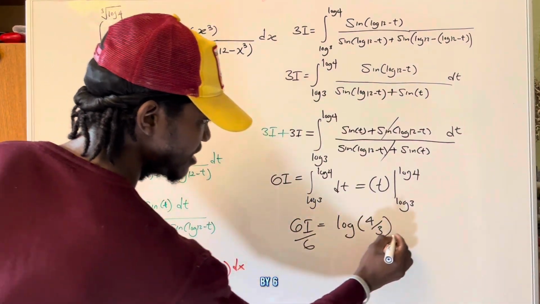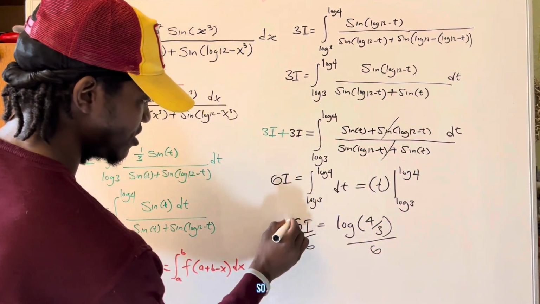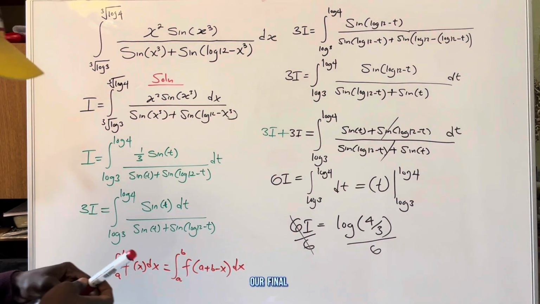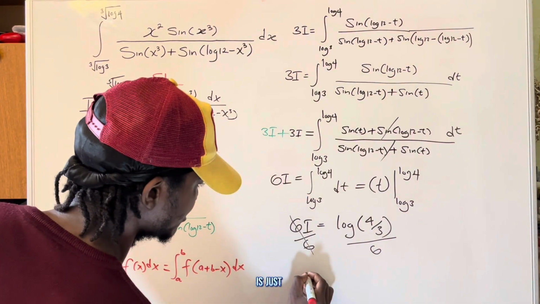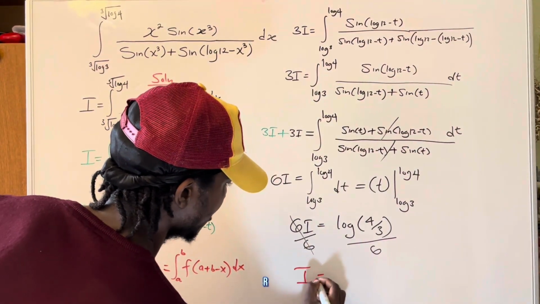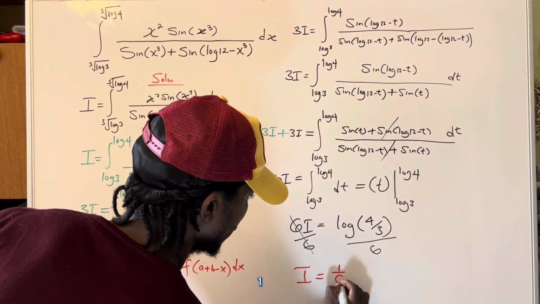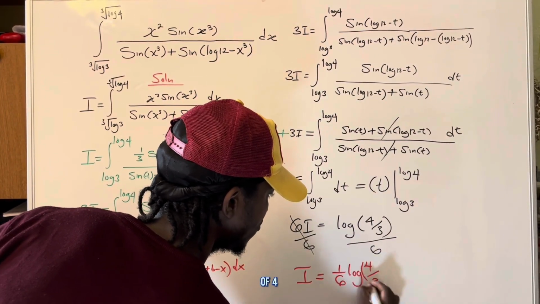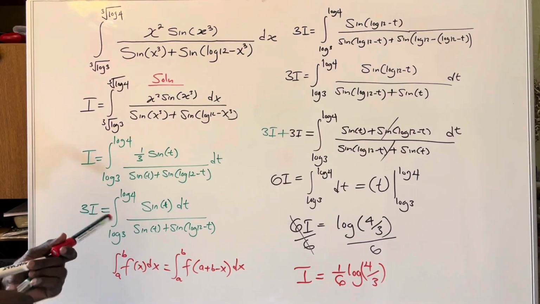Divide here by 6 and divide here by 6. So our final answer for this integral is just r is equal to 1 over 6 log of 4 over 3.